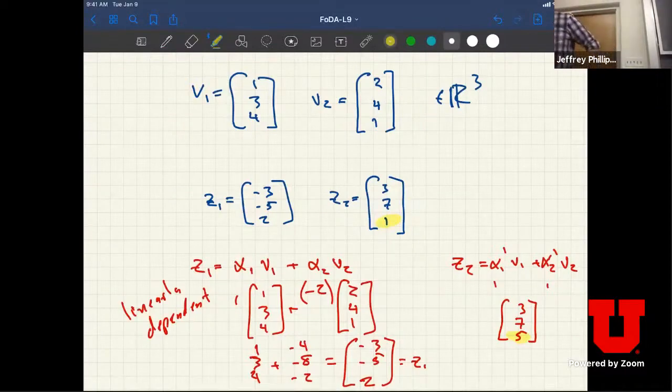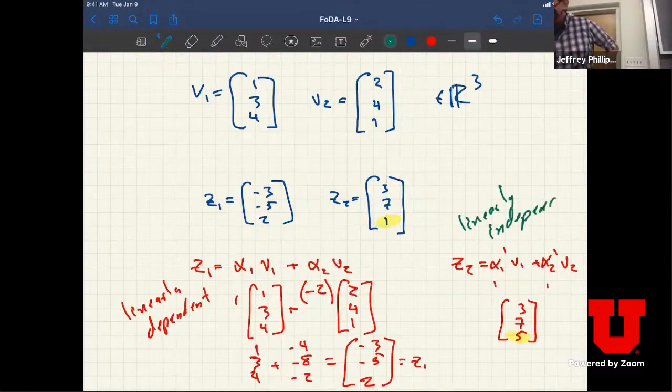So Z2 is going to be linearly independent. This is a little bit trickier to do. I'm not going to give you an algorithm to fully do this, but you can try and line them up. Usually the examples I'll ask you to think about are going to be small enough that you can figure it out in a similar way.